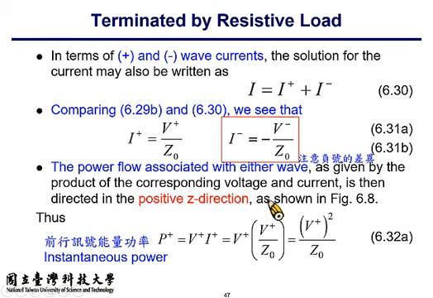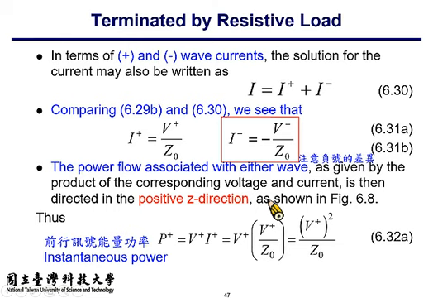Note that the total current I can be written in terms of I plus and I minus as well, which is a more intuitive representation, viewing the current as the sum of forward propagation and backward propagation, so you write I plus plus I minus.